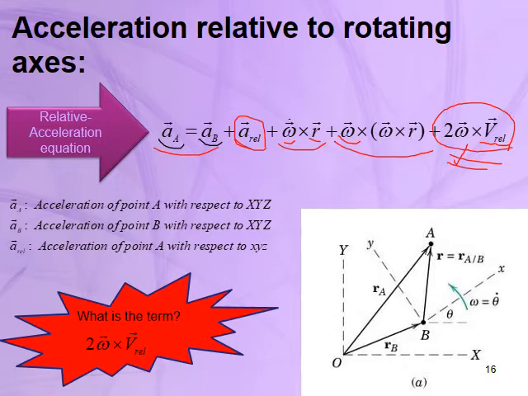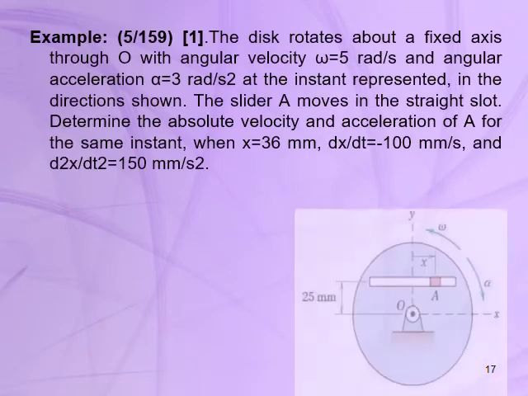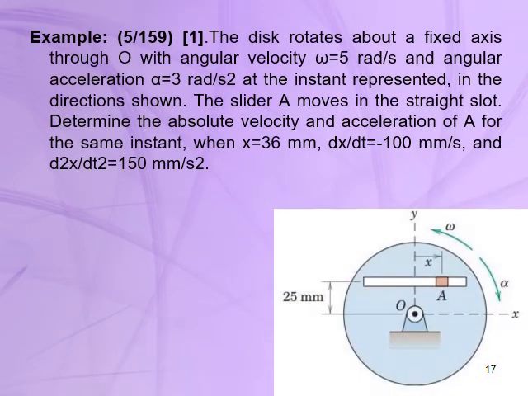Okay, some examples to understand this formula. Here we have a disk. The disk rotates about a fixed axis through point O with angular velocity of 5 radian per second, and angular acceleration of 3 radian per second squared.